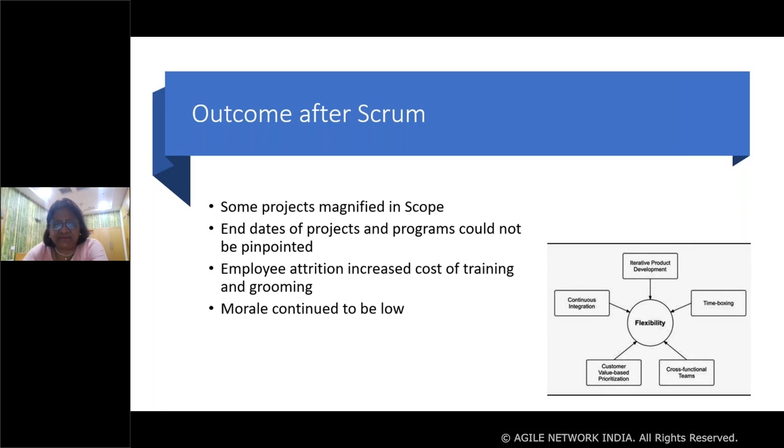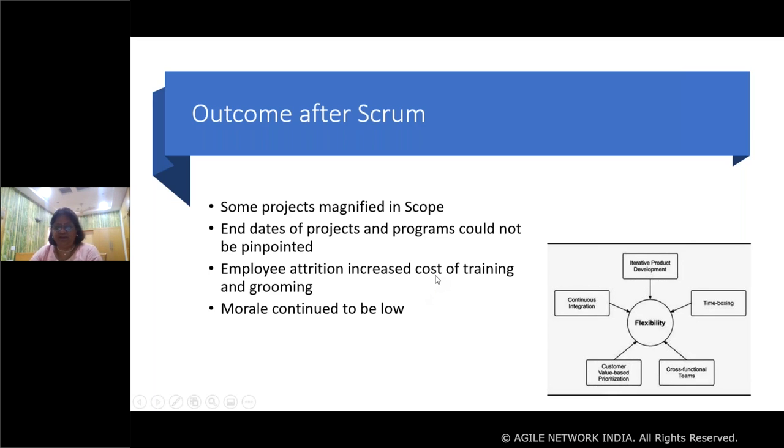And because it kept expanding, again we came across our day-to-day challenges of employee attrition, and overall the morale of the team was again low. Though in some pockets the customers were satisfied and felt they were receiving some value for the investment they made, and maybe the team morale improved a little, still overall, because the projects continued for so long, it became a challenge.